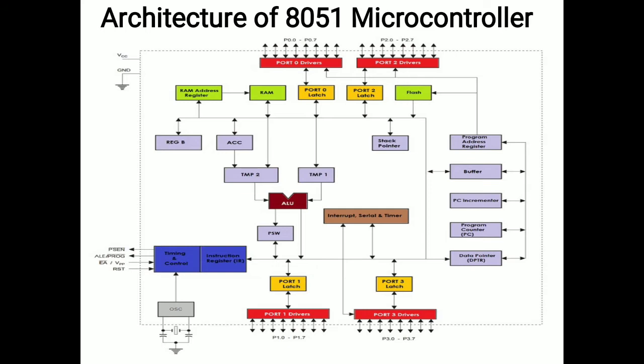So it is permanent, one-time writable only. After that, writable and erasable is EEPROM, erasable program memory. So we are able to erase the program which was earlier stored.